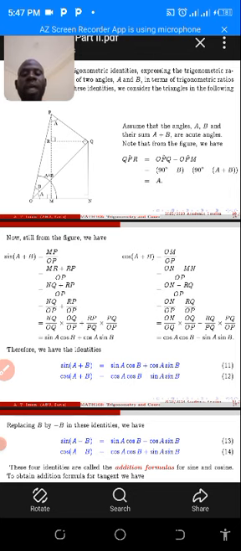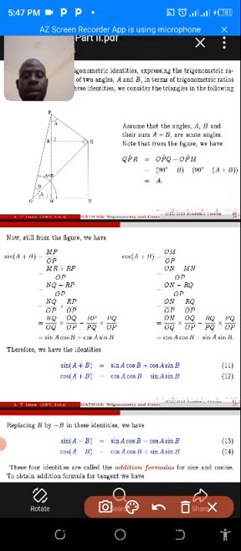Then plus RP over PQ. Look at the line RP over the line PQ. This is the line PQ.